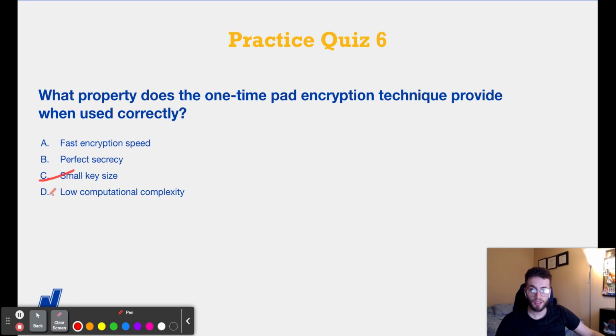No, we know that. Is it low computational complexity? Nope. Is it perfect secrecy? Potentially. Is it fast encryption speed? Between the two, I say that B is the best.